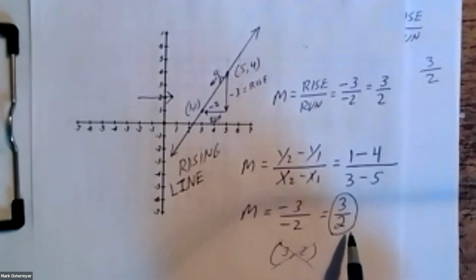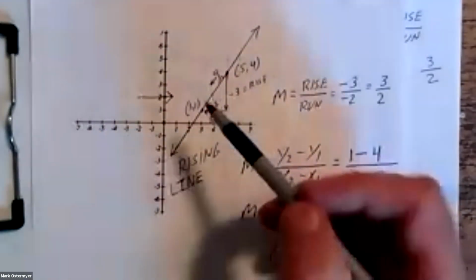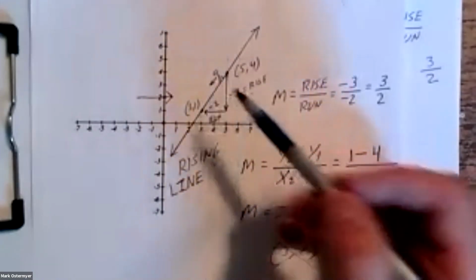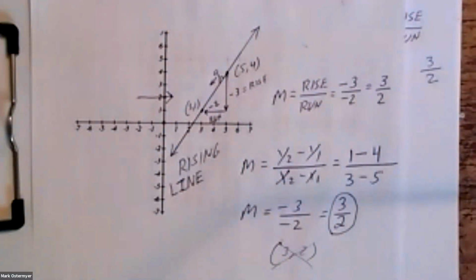It's not an ordered pair. It just gives you a ratio of the amount of rise versus the amount of run you experience as you move from one point to another point on this line. But the slope itself is not a point on the line, okay? Any questions so far about the slope of a line?